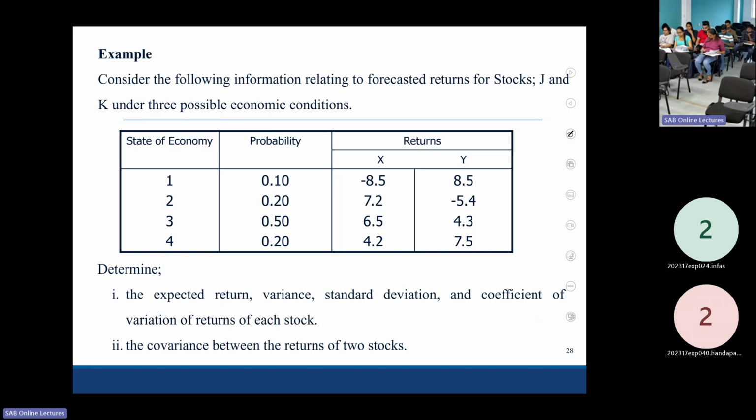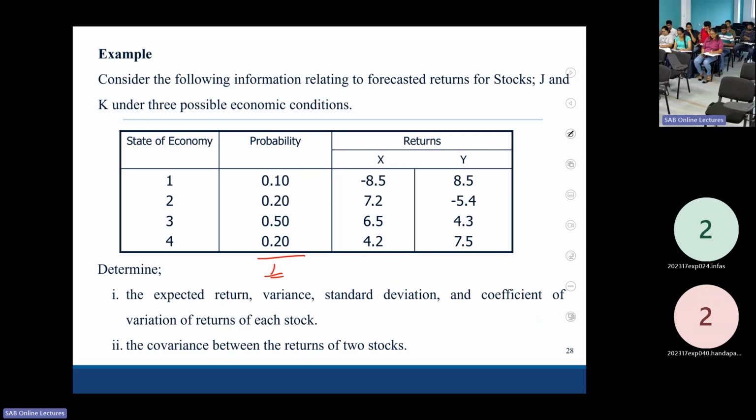You can see the probability of happening in state of economy 1 is 0.1, in state of economy 2 is 0.2, and in state of economy 3 is 0.5. If you get the total here, it is equal to 1. These are all the happenings that could occur in your next investment period, so the total of these probabilities should be equal to 1.